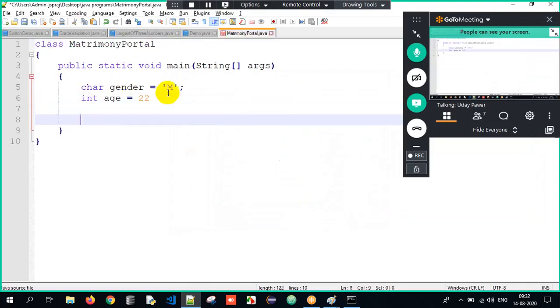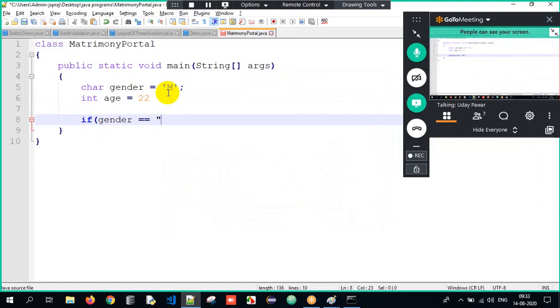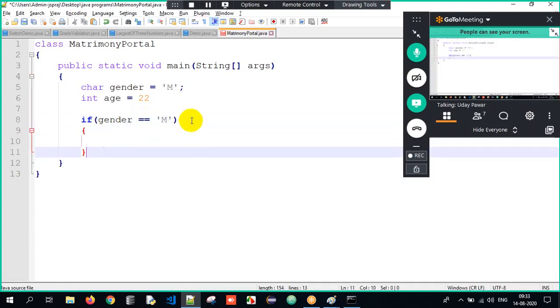Now first of all, I need to check if the gender is equal to male. A few people went wrong over here: you didn't use double equals, you used single equals. Single equals is always for assigning, don't forget. Double equals is for comparison. Open curly braces, close.